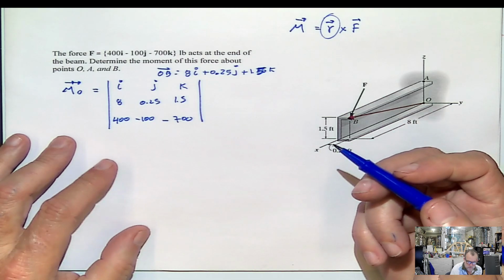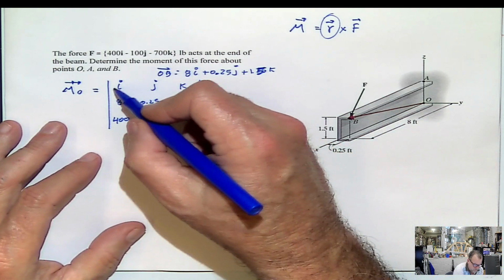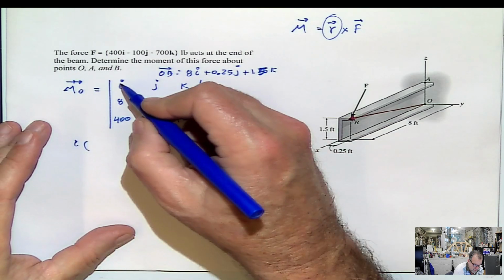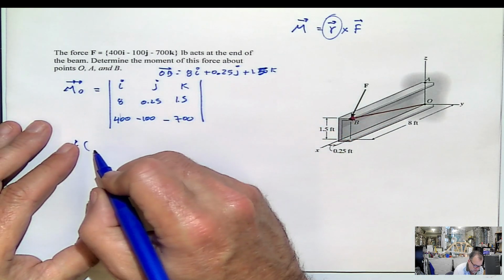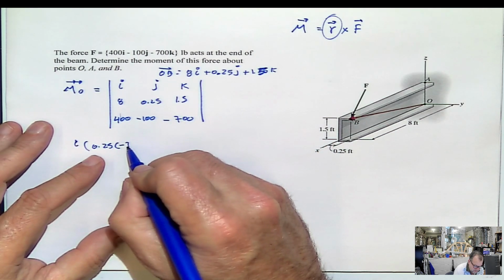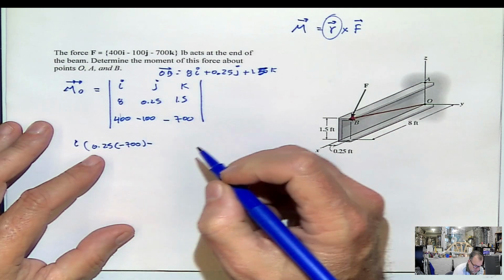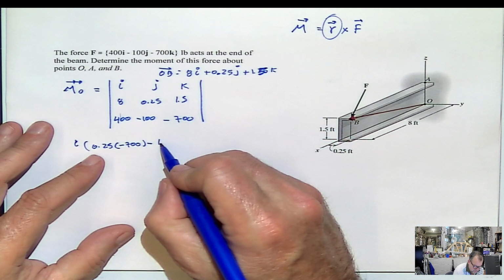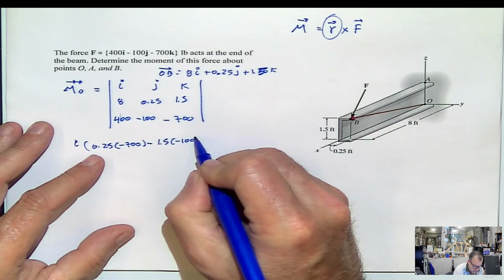And you know how to do this by hand, right? You say I, that multiplies, and then you block these two. 0.25 times negative 700, minus 1.5 times negative 100.